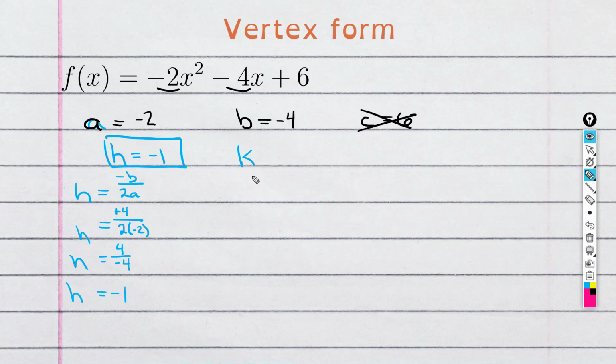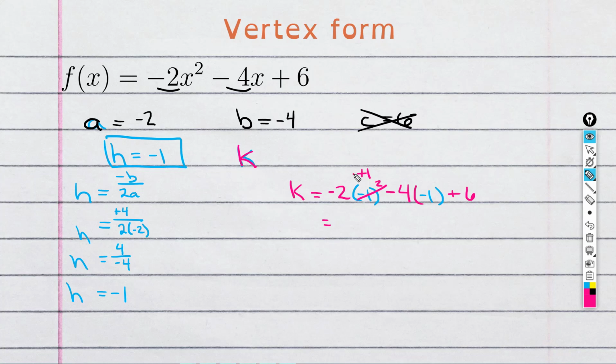My K value, I find it by replacing all my x's with that -1 we just found. And so when I do that, -1 squared is +1.